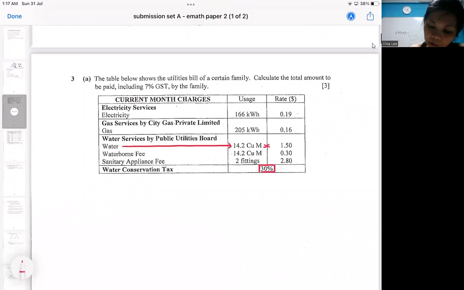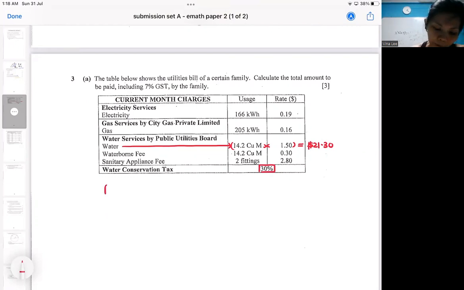So you can do this part, but you are going to add a 30% tax. That's the meaning of it. So you can get the amount first. The amount will be 2130, but you're going to add on a tax of 30%.